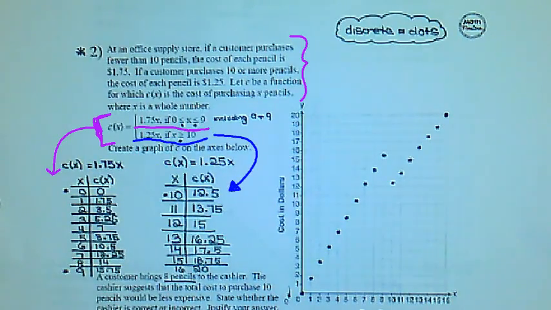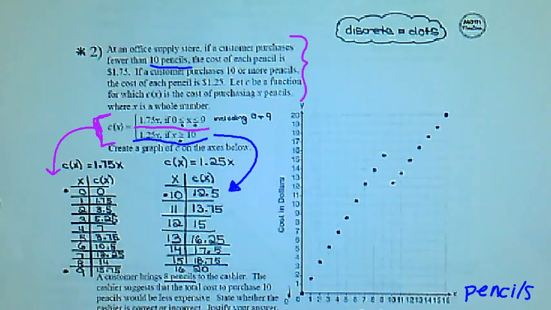Okay, the next thing to do, the only reason why it is important to read the question is because we're talking about purchasing pencils. So if you look, the X's represent pencils.